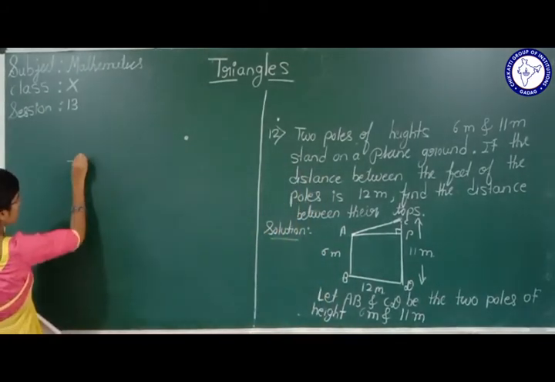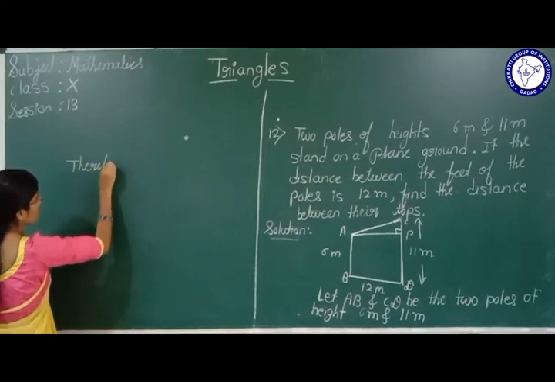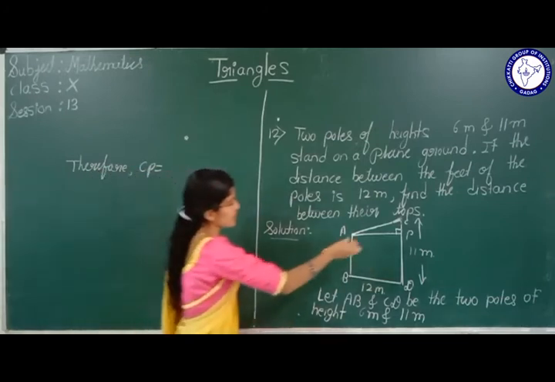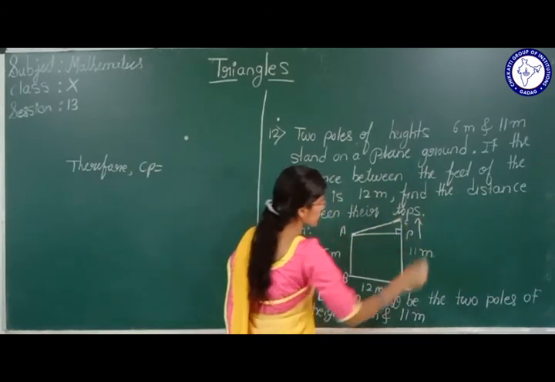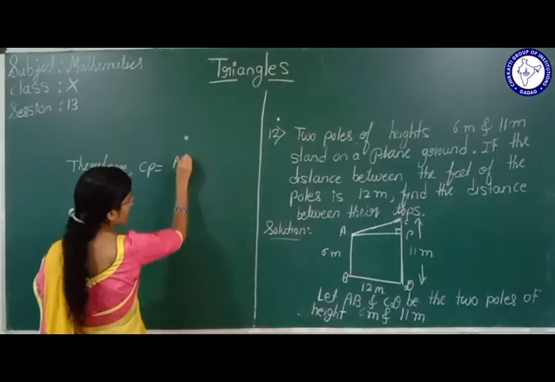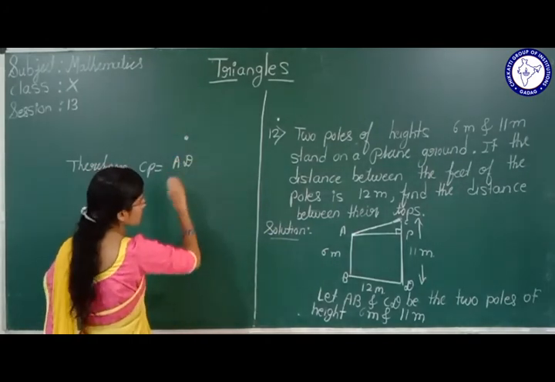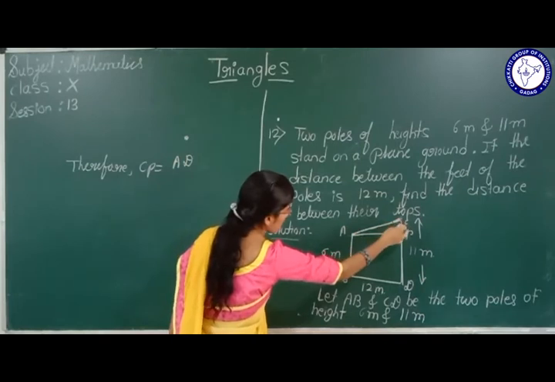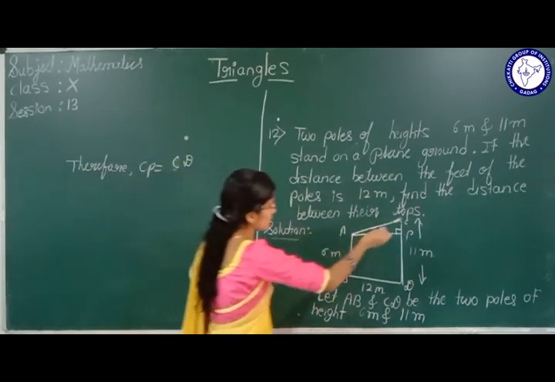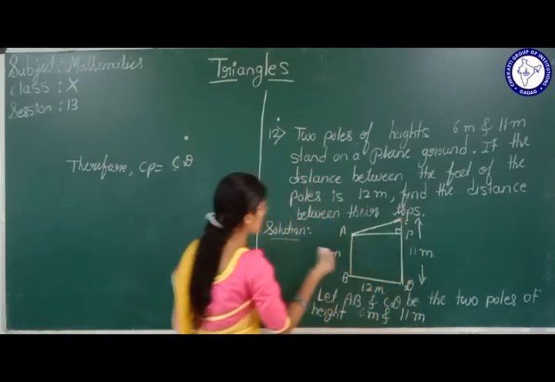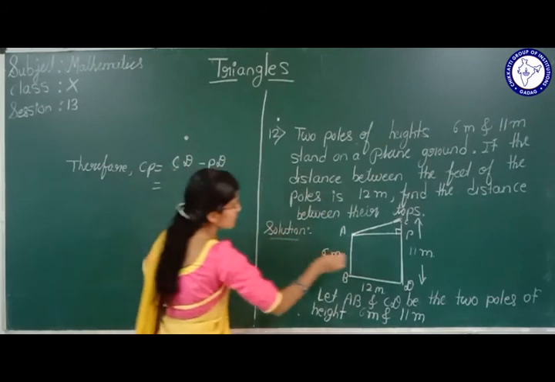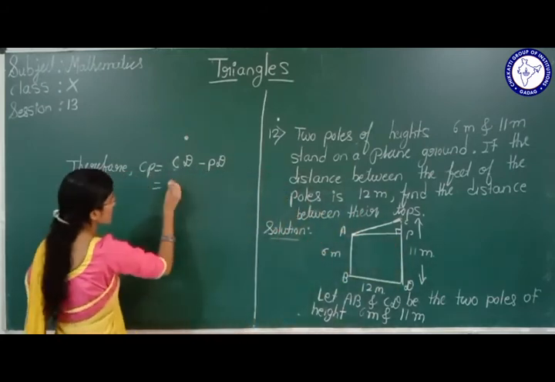Therefore CP is equal to, what is CP? I want the length of CP. CP is equal to the full length, that is CD, minus PD. What is CD? CD is nothing but full length, that is 11 meter.